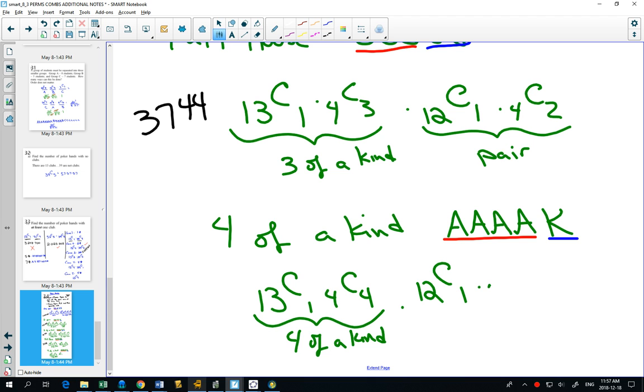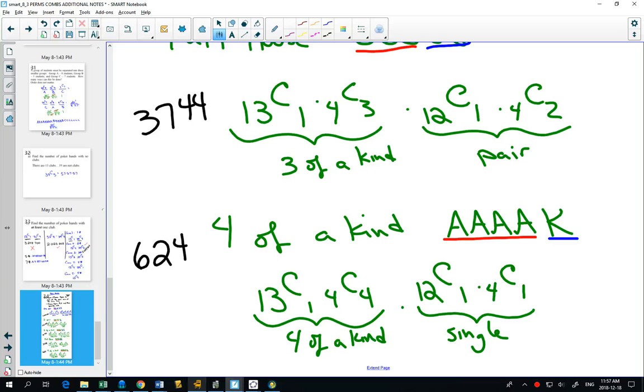Choose one of them. To be the single card to go with it. There's only 620 four of a kinds.